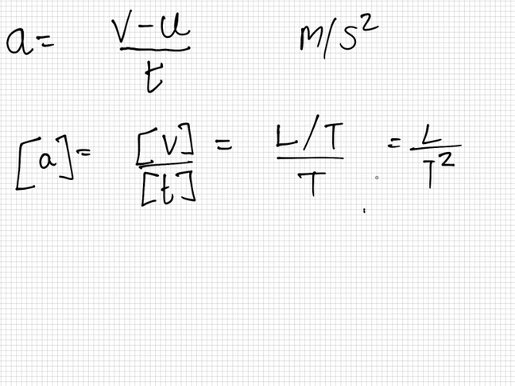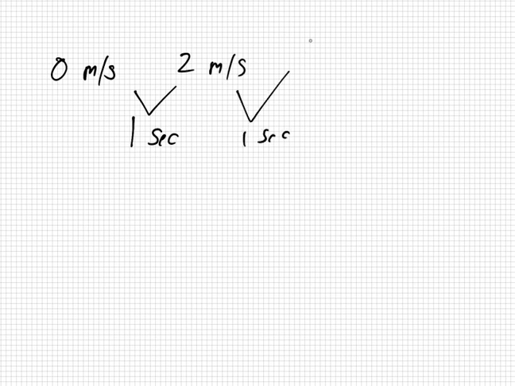Yeah. So, just a quick example here. So let's say the bus starts at 0, and then 1 second later, it's going at 2 meters per second, and then another second later it's going at 4 meters per second, and then another second later it's going at 6 meters per second, and so on.